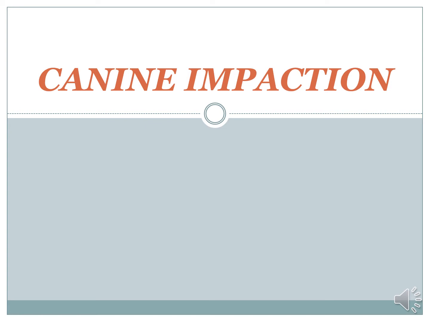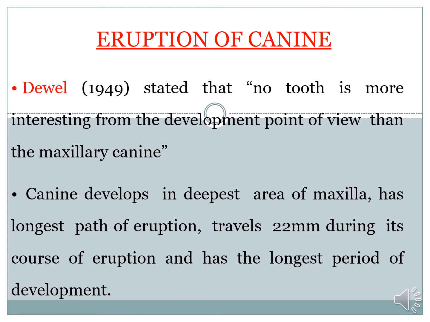The next impaction, what we are going to talk about is the canine tooth that is impacted. Dewey stated that no tooth is more interesting from the development point of view than the maxillary canine, because the canine develops in the deepest area of the maxilla and has got the longest path of eruption, travels approximately 22 millimeters during its course of eruption and has got the longest period of development.